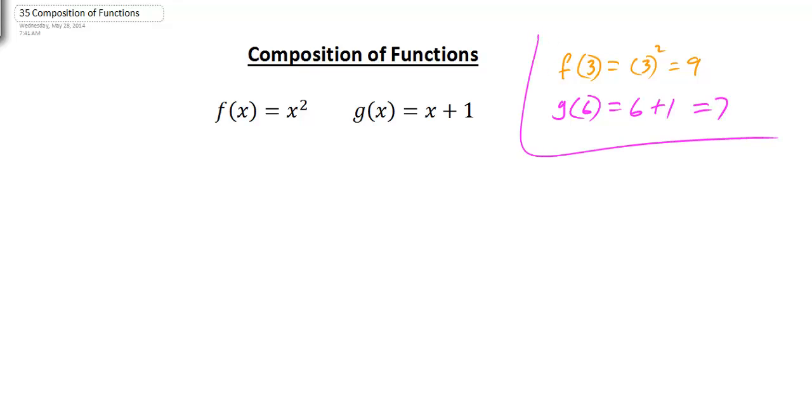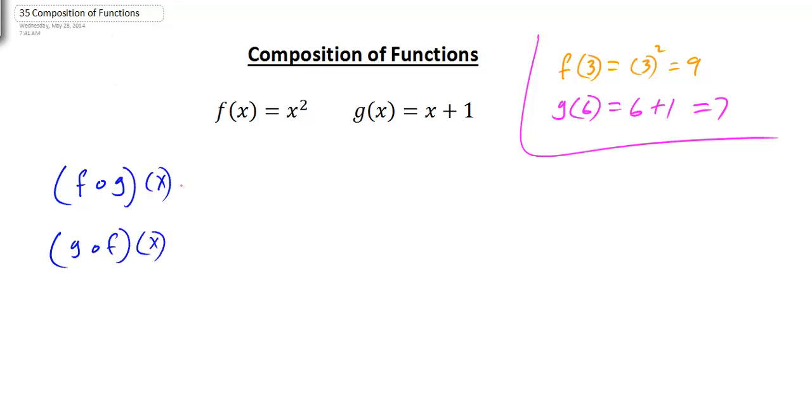Now, here with our composite functions, we want to do the same thing, but we want to plug the entire function into the other function. And the notation that you're going to see used is f circle g of x, okay? And the other form is g circle f of x.